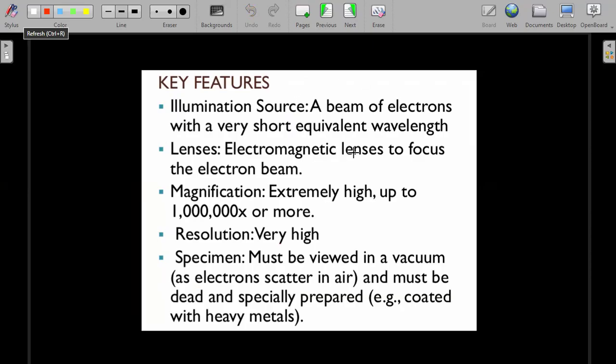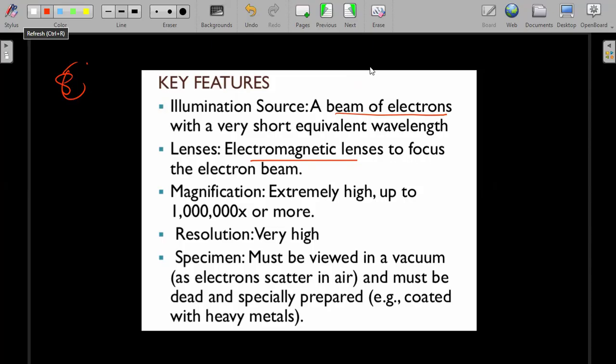These are some of the features of the electron microscope. In terms of illumination source, we are talking about the source of light here. The source is usually a beam of electrons. The lenses here are electromagnetic lenses, isn't it? So what you have on an SEM, or electron microscope, is what we call electromagnetic lenses.